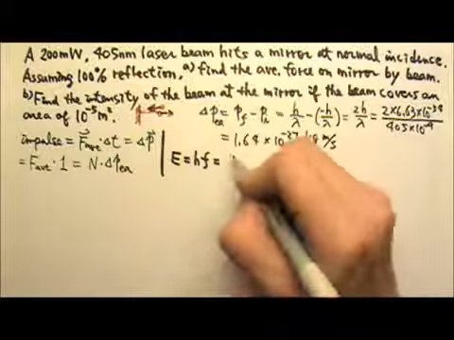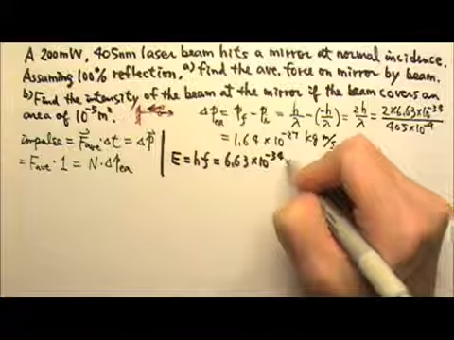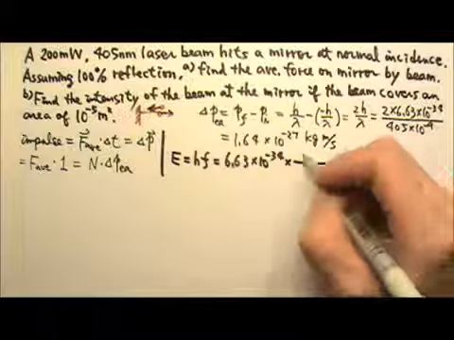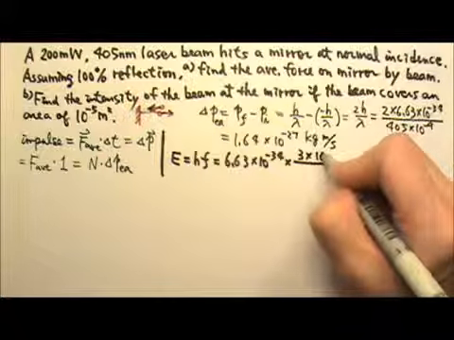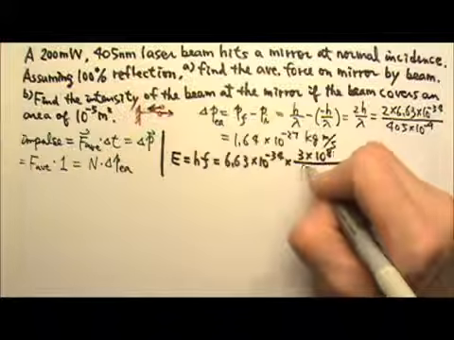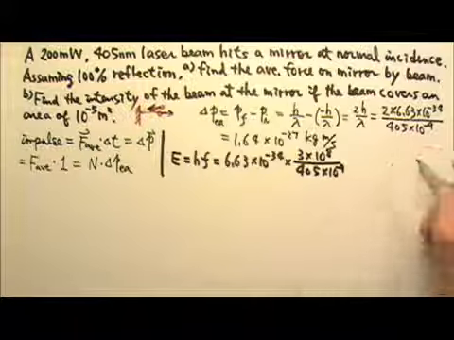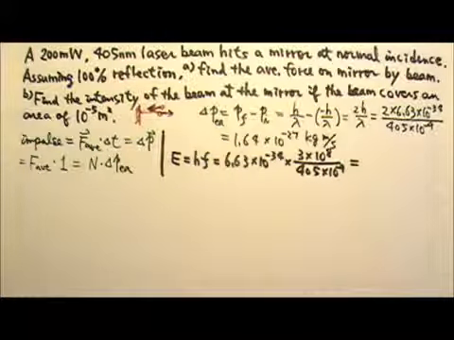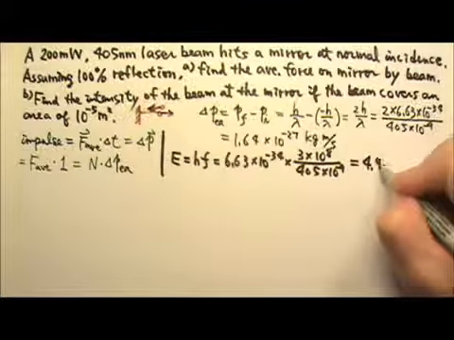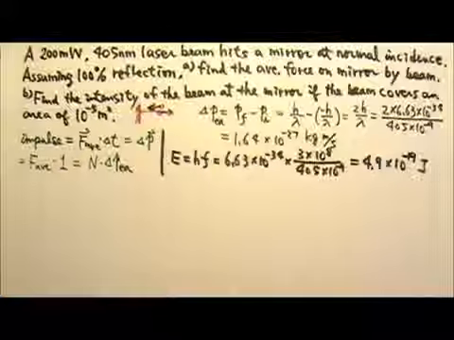That's hf, 6.63 times 10 to the negative 34 times the frequency, which is c over lambda. c is the speed of light in vacuum, 3 times 10 to the 8th, and the wavelength is 405 nanometers. This gives us a photon energy E of 4.9 times 10 to the negative 19th joules.